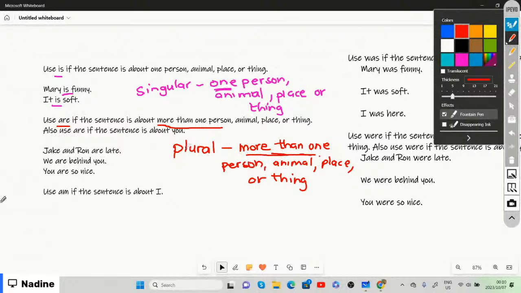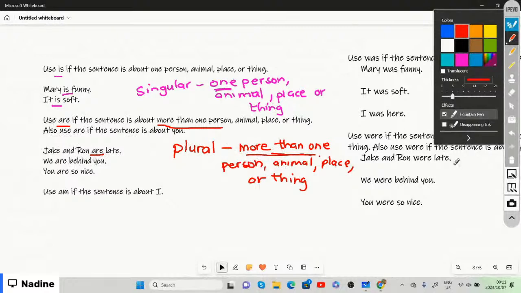All right, so a few examples of where we use are. Jake and Ron is more than one person, and they are late. So we don't say Jake and Ron is late. We need to say Jake and Ron are late.